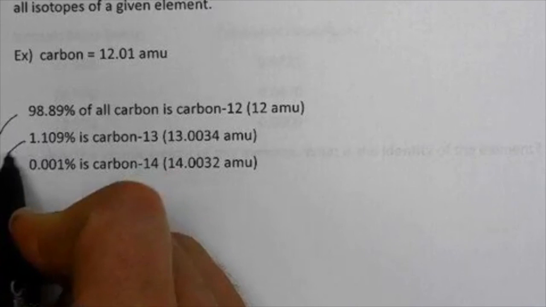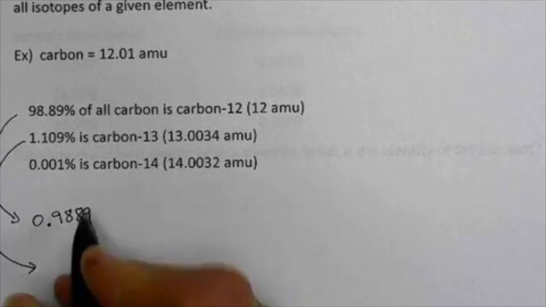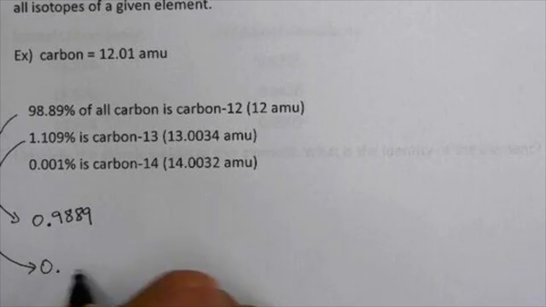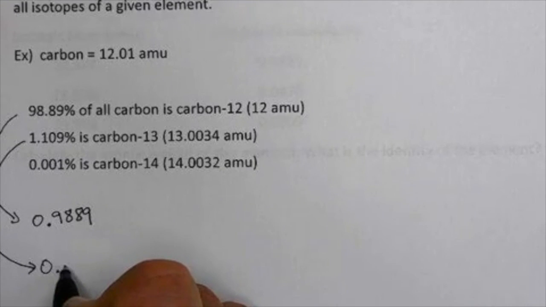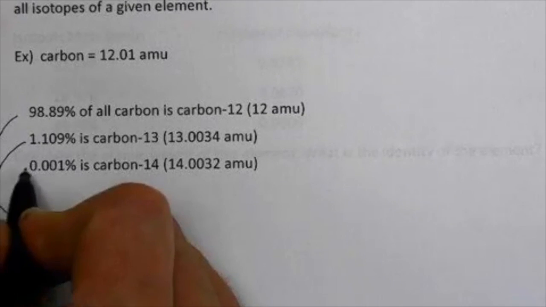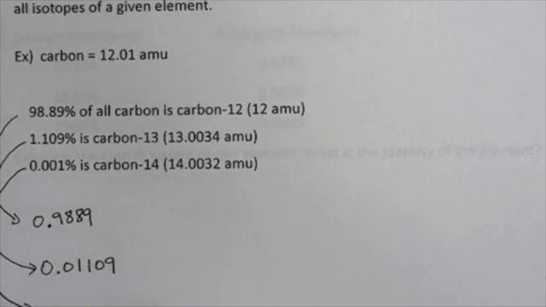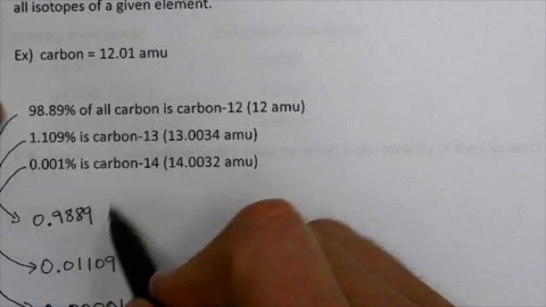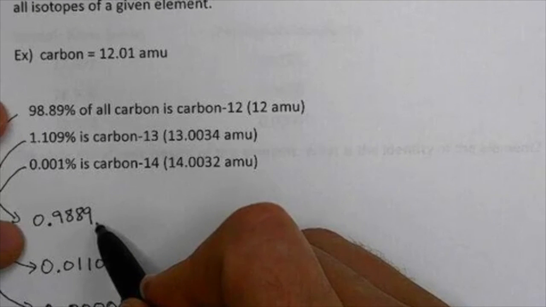I'm going to do the same thing with my other 2 percentages. 1.109% written as a decimal, divided by 100, is 0.01109. And my last number is going to be really, really small: 0.00001.